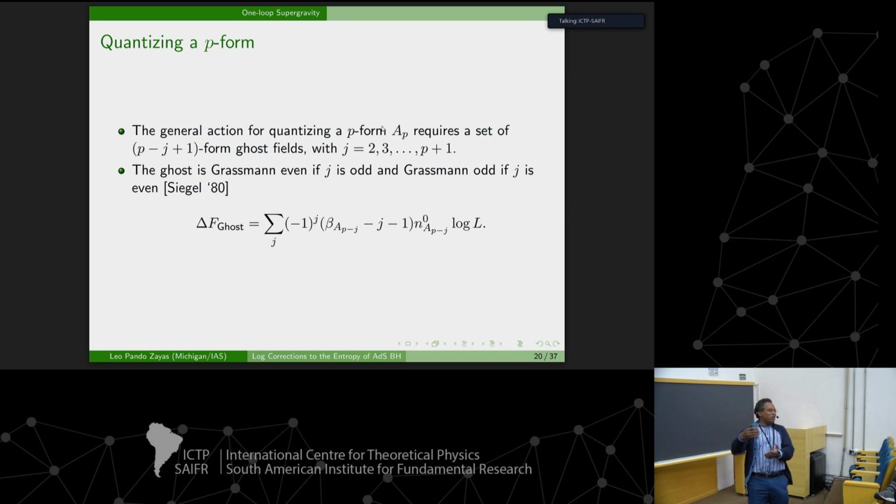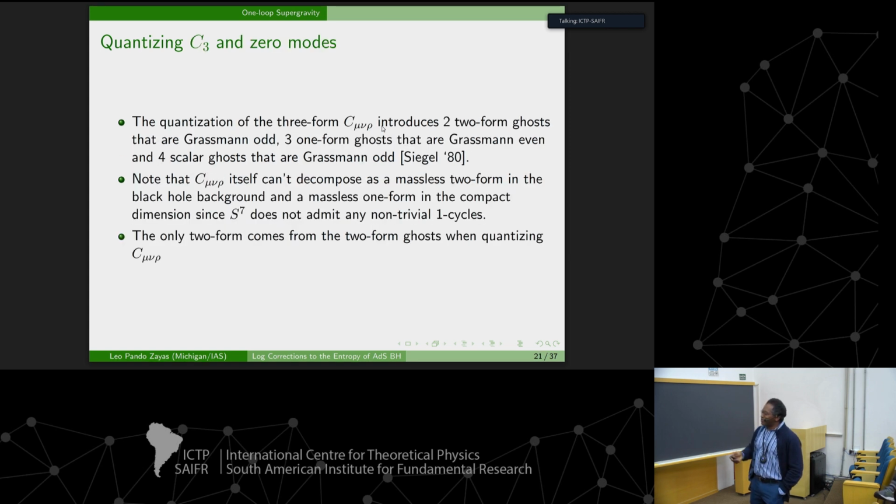But that would be a (p-1)-form, which in itself has some ambiguity in a (p-2)-form and so on and so forth. So you have to keep going down until you finish. And after that, this is how you should consider all these p-forms that you needed for the quantization of the original form.